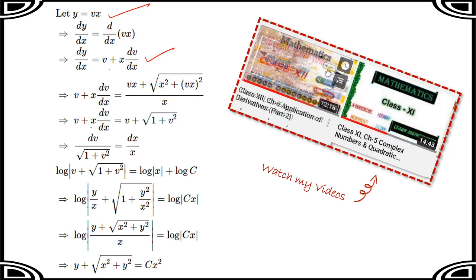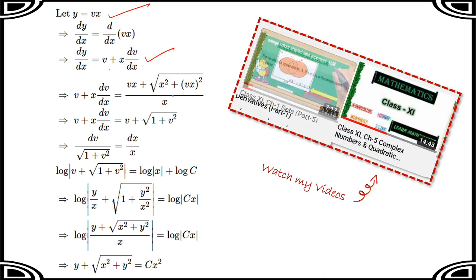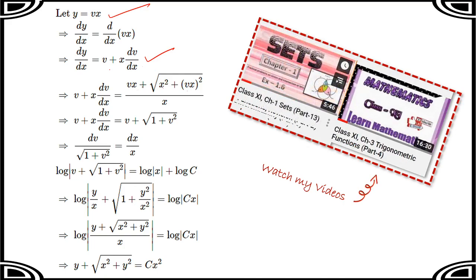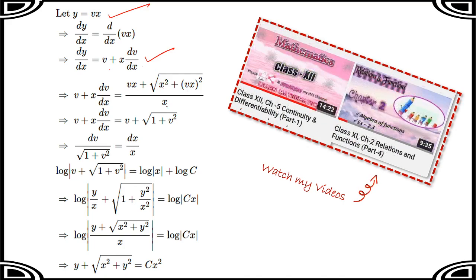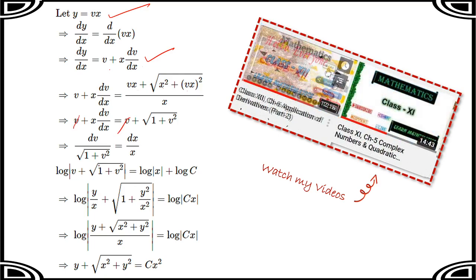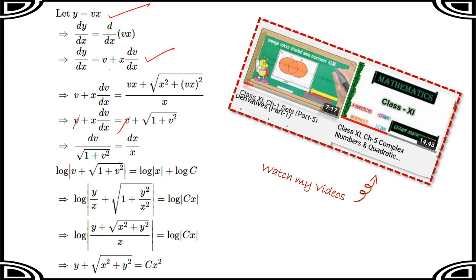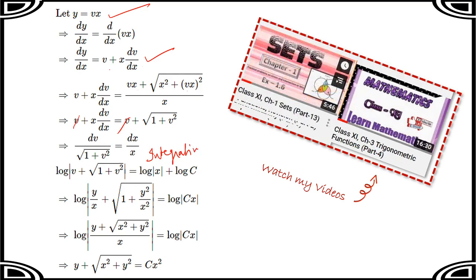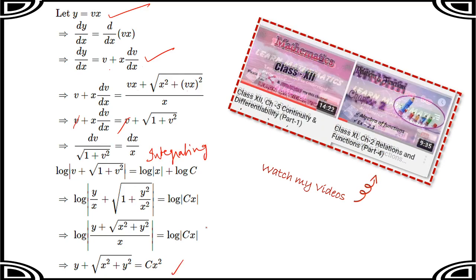Then v plus x dv by dx, and here we are taking x square common inside the root only, then x will come out, x overall common and cancel, v plus under root 1 plus v square, this v also cancels. Separate the variables, and after this step we have to simply integrate and get the answer.